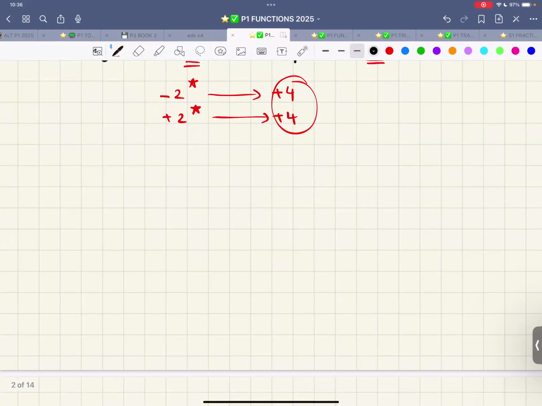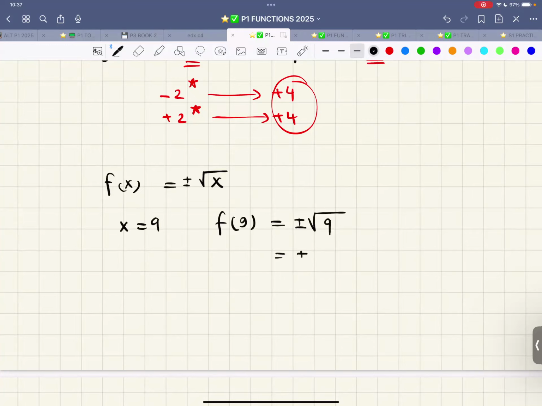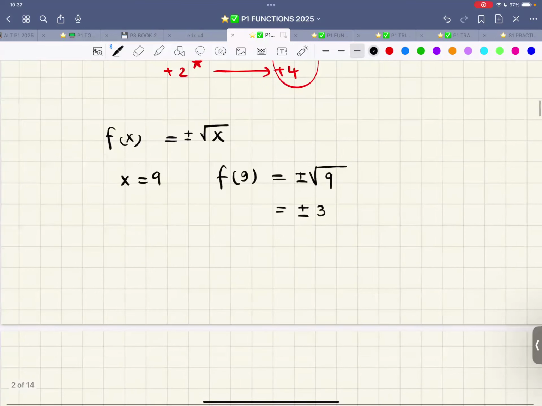But for example, if I talk about f(x) equals the square root of x, with a plus-minus sign on the outside, and I plug in x = 9, then f(9) is the square root of 9 with a plus-minus sign. So I get +3 and -3.